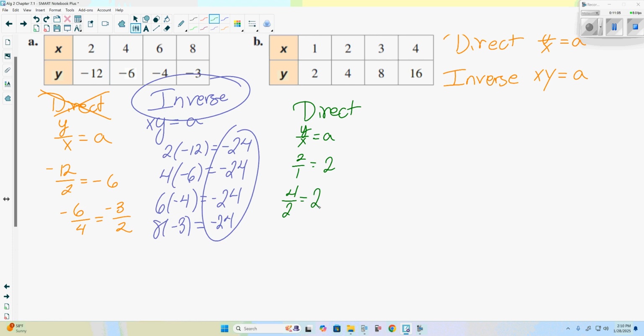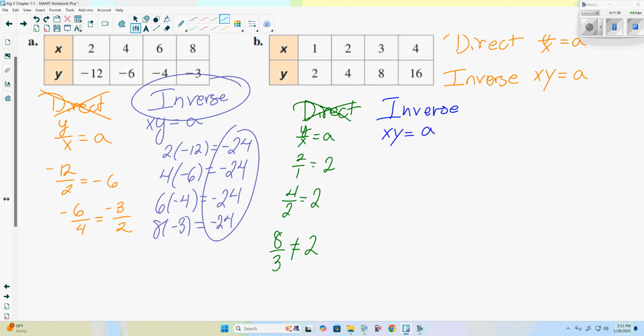Or sorry, not inverse, direct. 8 divided by 3. Well, that's not 2, is it? Because it's actually just 8 over 3, it doesn't reduce. But since it's not 2, well, that means that's not going to be direct. So it means it should be what? Inverse. Well, before we just say inverse, let's go on and verify.